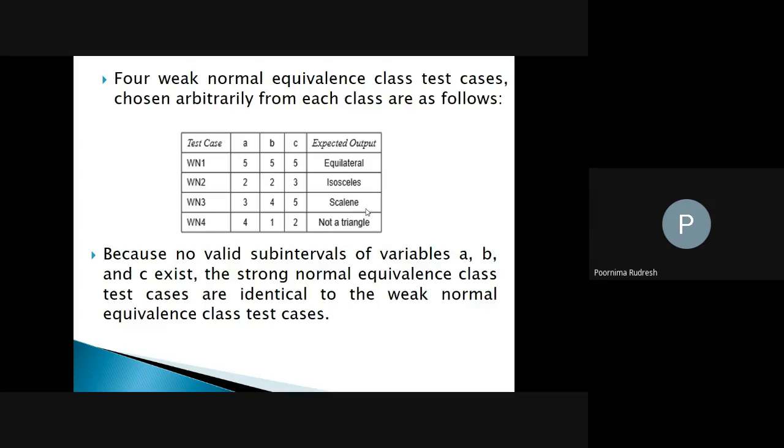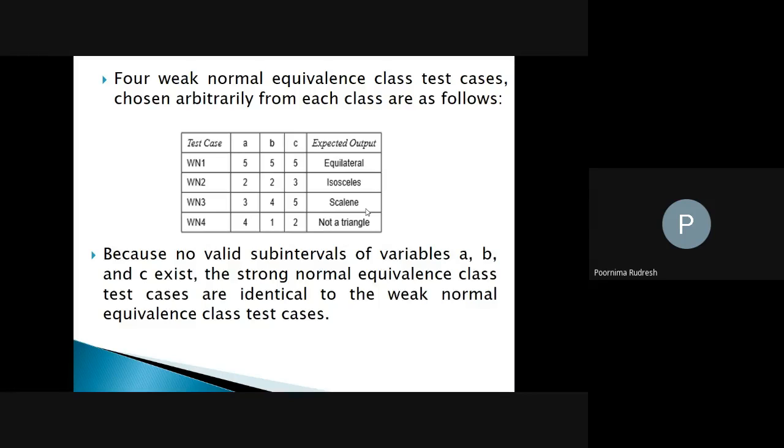Valid variables means what? The values we have chosen for ABC belong to the range given, or they reside within the range. So what are the ABC values? They have defined that ABC are ranging from 1 to 200.